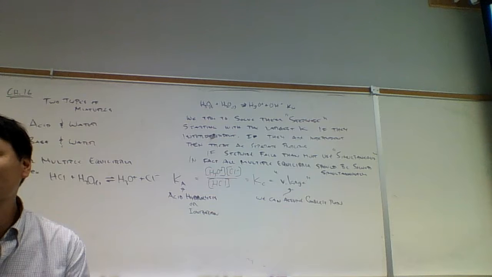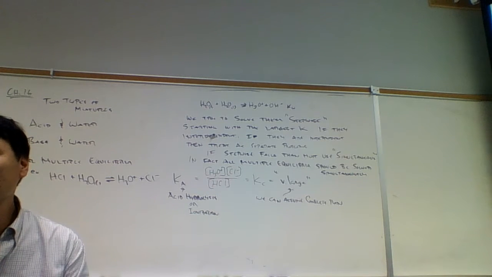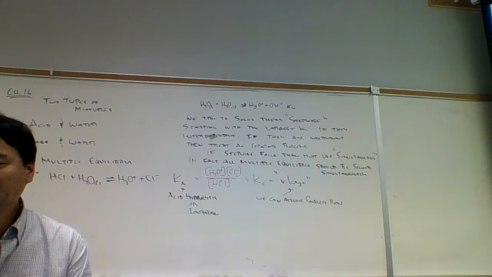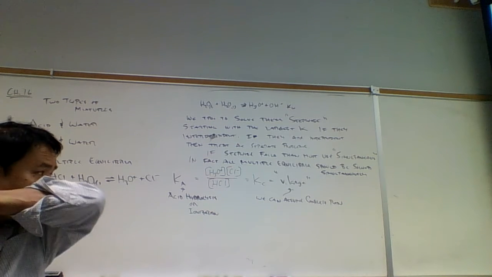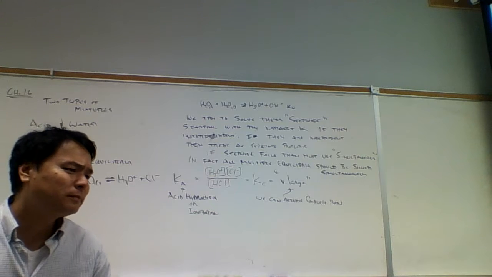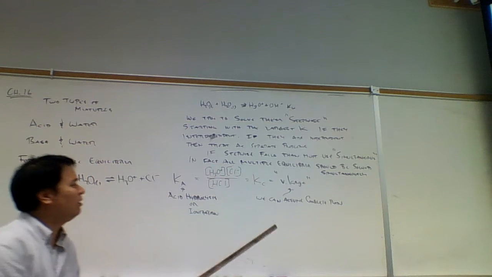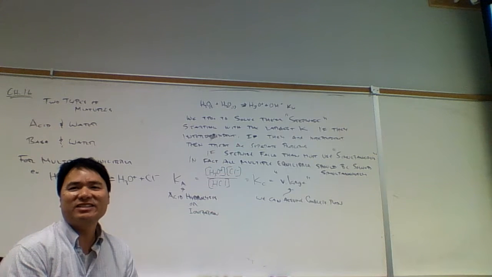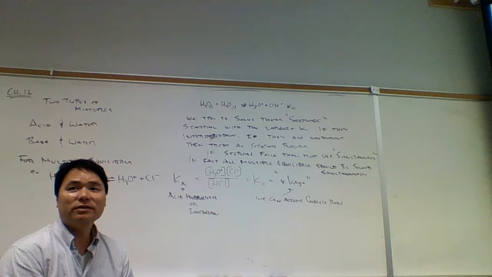Like, for example, O2. For O2, valence bond theory fails, and therefore we go to molecular orbital theory. Why? Because valence bond theory is just so much easier. And so same thing here. We should solve all multiple equilibria simultaneously, but it's too much work, too difficult.